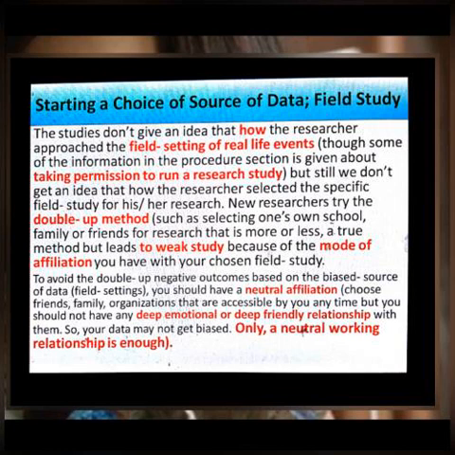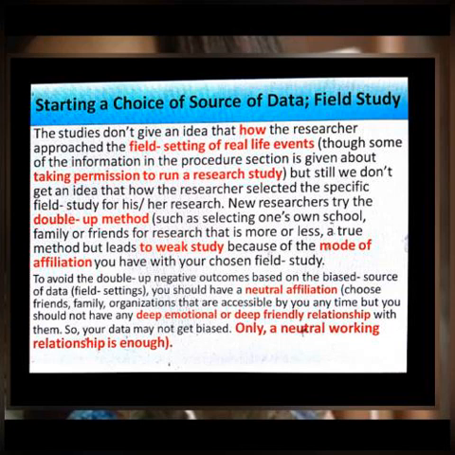Now, once you are done with your topic of the study and you have chosen a data collection method for your study, the next step is the choice of the source of data, or the field study, or the field setting. So how to start a choice of source of data?